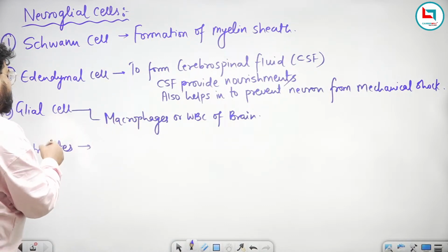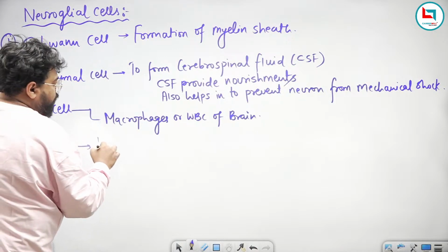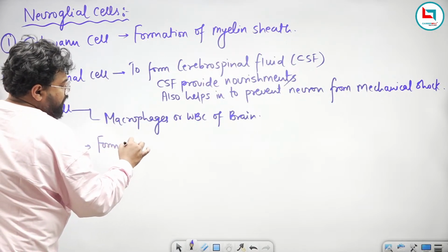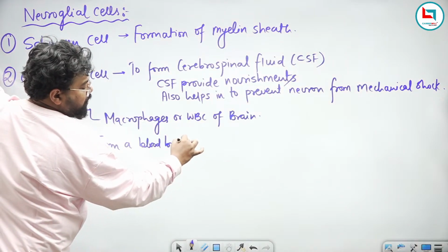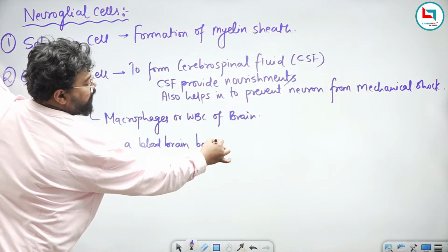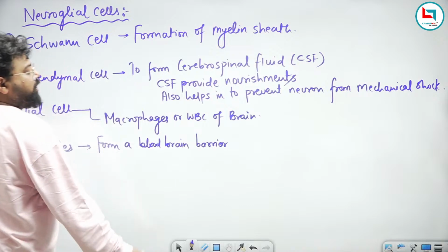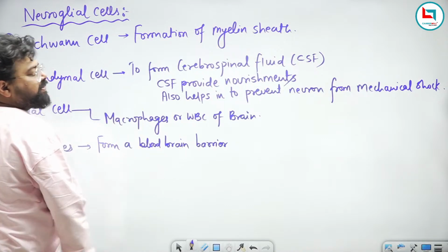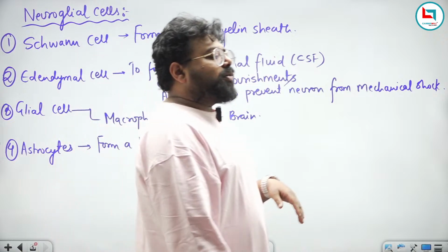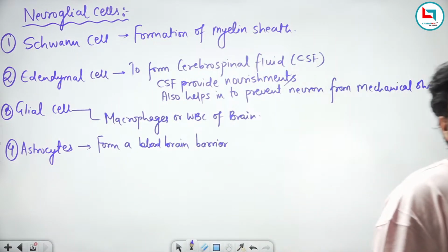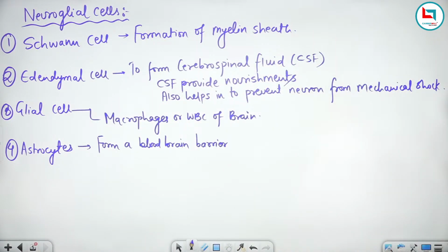On the other hand, astrocytes form the blood brain barrier. Means these cells form a barrier which prevents the entry of blood inside the brain, because if blood enters inside our brain, the meninges will get filled up with blood and it may cause inflammation of the brain, resulting in a disease called meningitis.